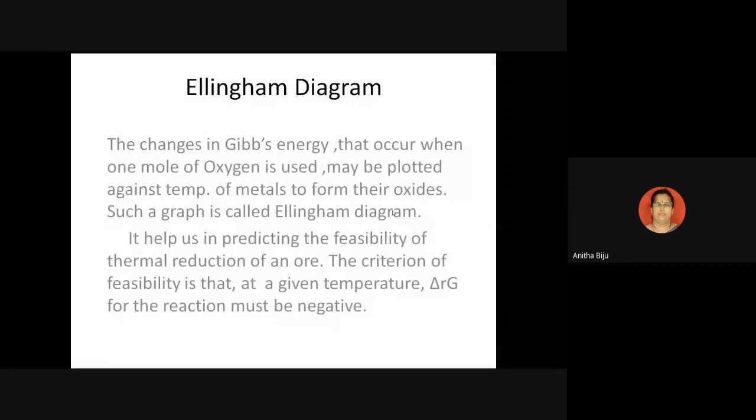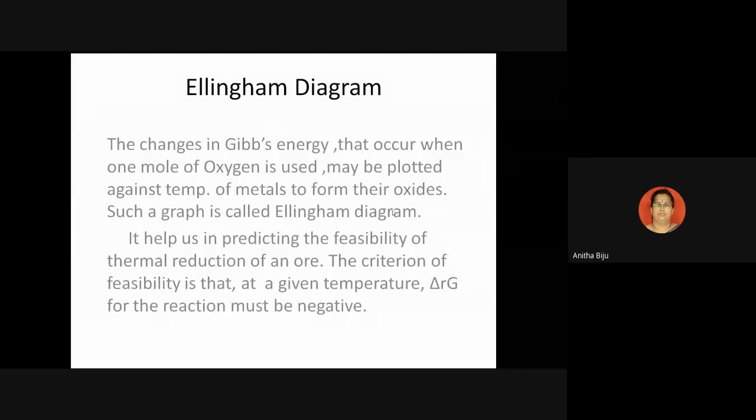The criterion of feasibility is that at a given temperature, delta rG, where r stands for reaction and delta G stands for change in free energy, for the reaction must be negative. Maybe we have discussed this topic earlier also. This is one of the conditions for a reaction to be possible. What is that condition? Delta G must be negative. Then only the reaction will be possible.